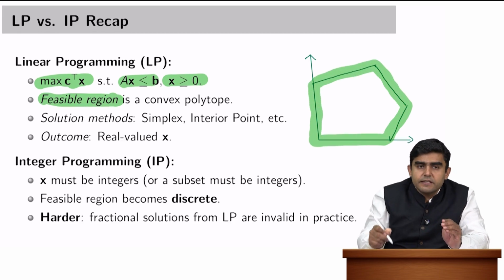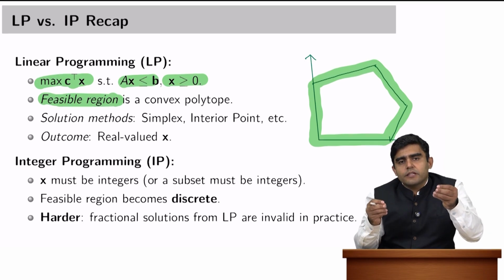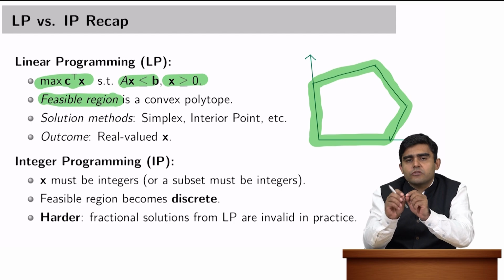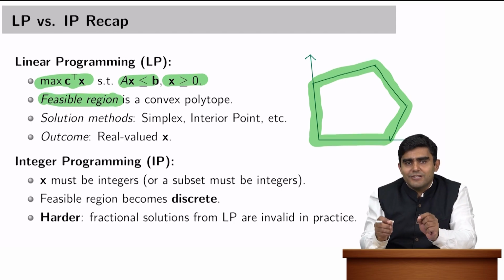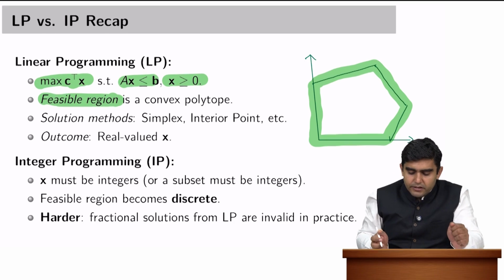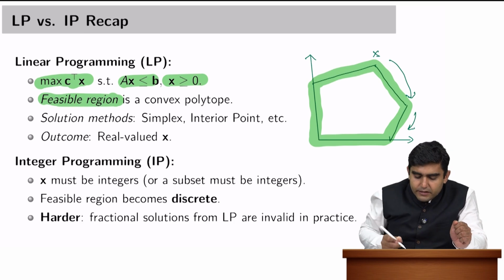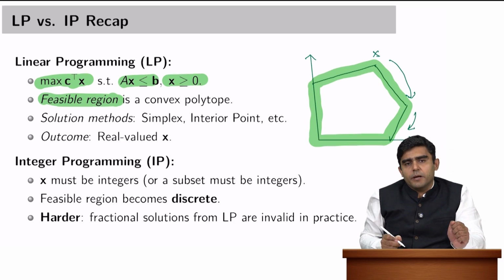As you see, this region is convex: I take any 2 points within this region, join them by a straight line, and the line is always going to stay within the region, and that is the definition of convex polytopes that we learned. And we learned that we will be moving from one extreme point to another extreme point when we were talking about linear programming.